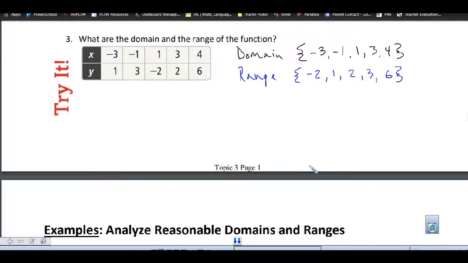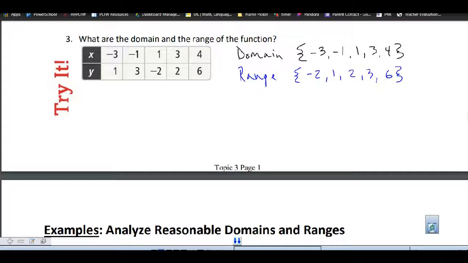Hopefully you got the same answer here. The one thing to be careful of is the range here again. Remember, we're going to list in numerical order from low to high, and so you've got to put these in that order when you list it. Any questions on that part, be sure to bring them to class, and we will address them.